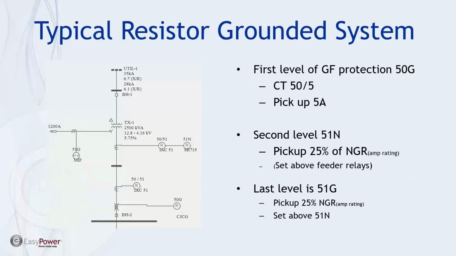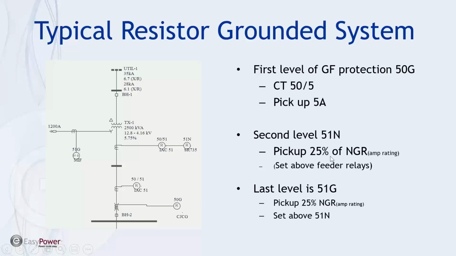So in a typical resistor grounded system, the first level of protection would be the 50G, and in this case the CT ratio is 50 to 1 that we're showing here on the BH2, and the pickup set for 5 amps. On the second level of protection, 51N is fairly common.